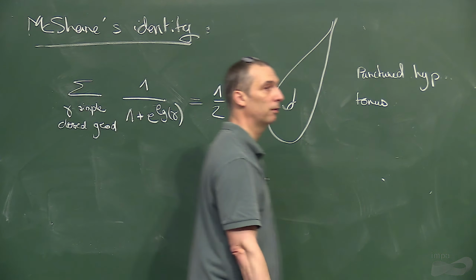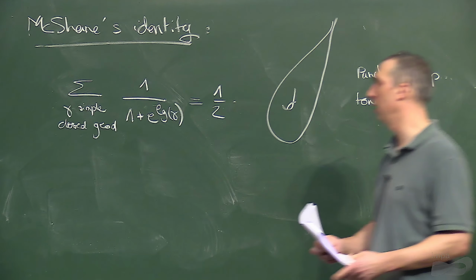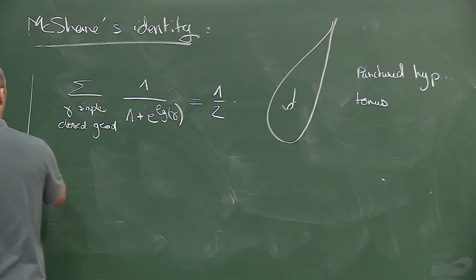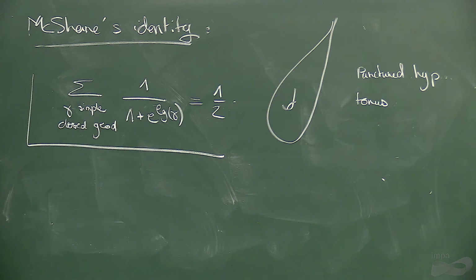Okay, so this is a beautiful identity, which was generalized by Mirzakhani and used to compute the Weil-Petersson volume of the moduli space of hyperbolic metrics.